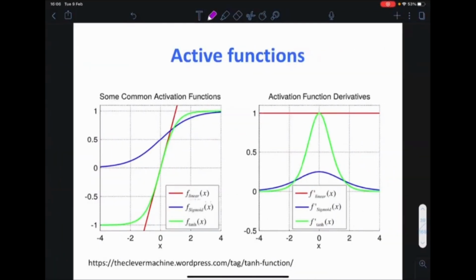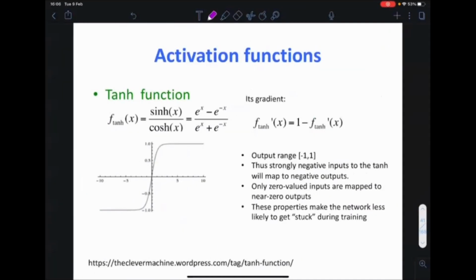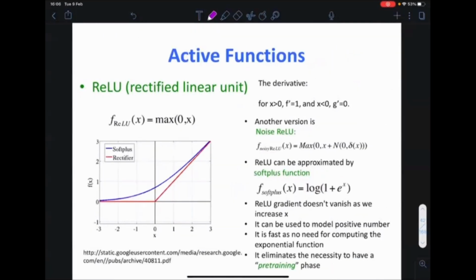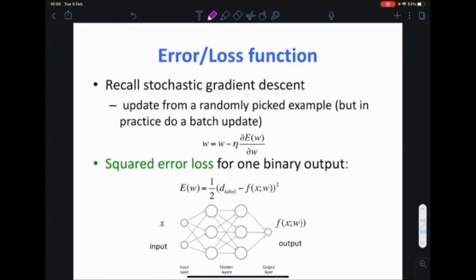And then there are various activation functions, and this is a sort of property of that. So I'm gonna pass on that. You can have a look at various functions. There are some properties of that, like the ReLU function being heavily used, which has quite a nice property that can give a sparse representation.